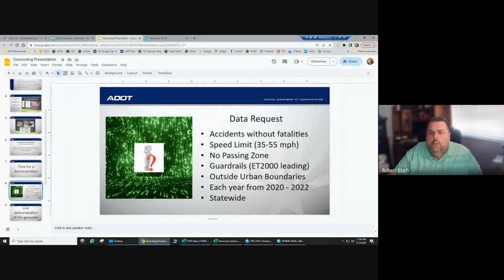He or she wants to know where all the accidents without fatalities are happening in speed limit areas ranging from 35 to 55 miles per hour, inside no passing zones, with guardrail end treatments as ET2000s on the leading edge of the guardrail, not the lagging edge, but the leading edge, outside the urban boundaries, for 2020, 2021, and 2022, and they want it statewide.